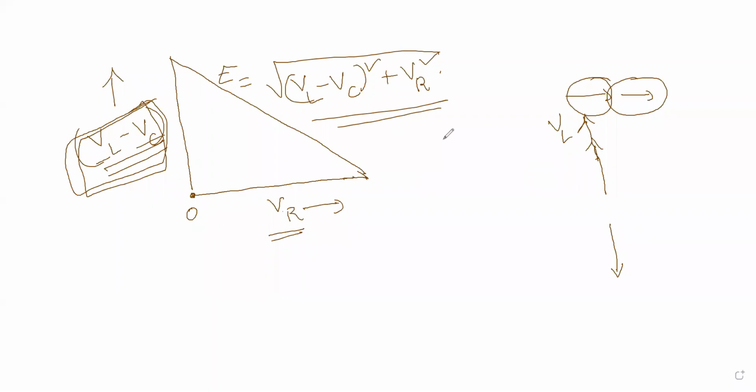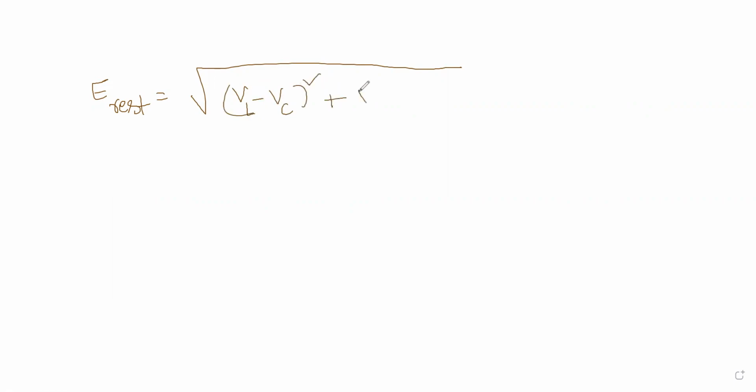Now, what is VL? Substitute everything. That's what you have to do. E resultant is square root of VL minus VC, this is the one you have to remember, whole square plus VR square. What are VL, VC and VR? These are the maximum voltages dropped across each component.